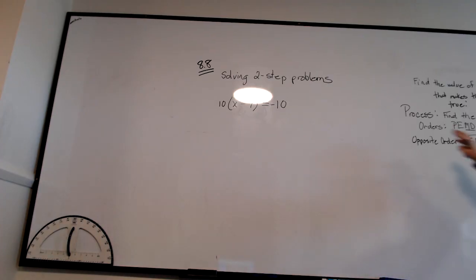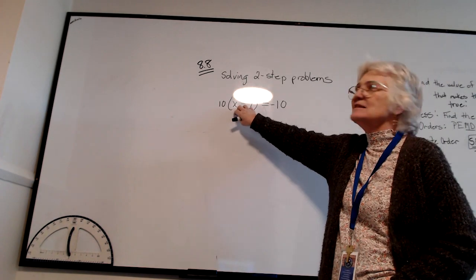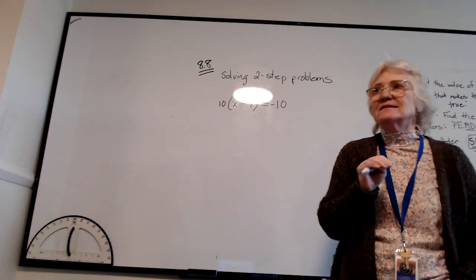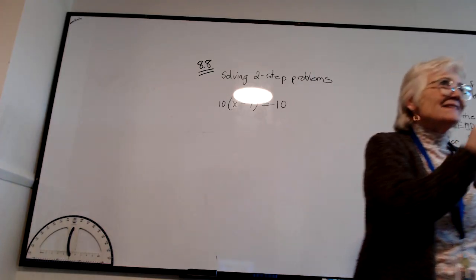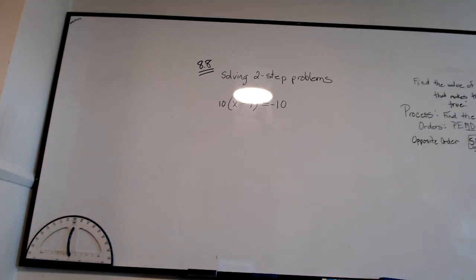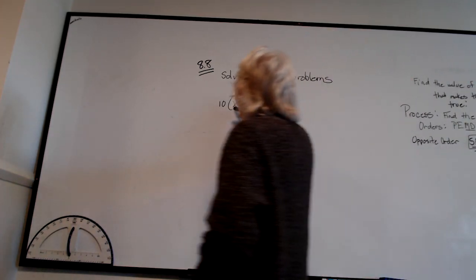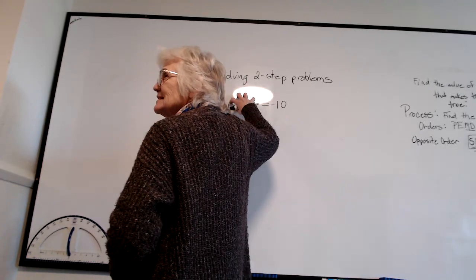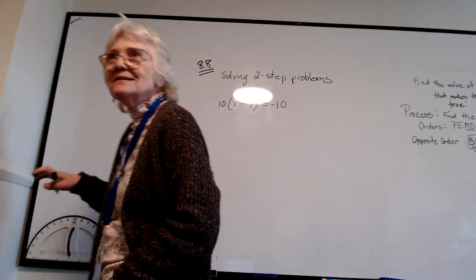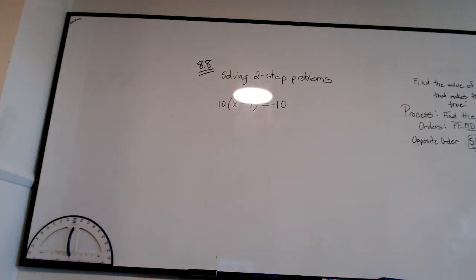So we're not going to worry about what's inside the parentheses right now because we're going to do that last. That's the important thing here, looking at the order of operations. You want to do parentheses after multiplication or subtraction. So if I look at this problem, we're not going to worry ourselves with what's inside the parentheses yet, because we're going to do that last.